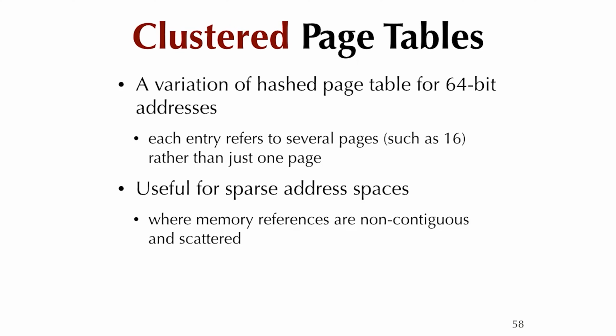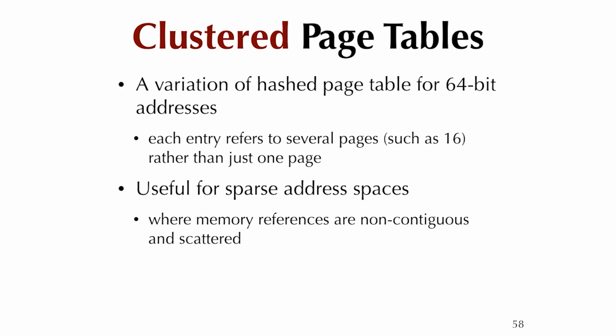And so instead of taking just the upper bits and hashing all of them, you take a few fewer bits, and then the remaining bits are used as offsets into what's called a clustered entry. So maybe, let's just say the address is something like FF something, right?